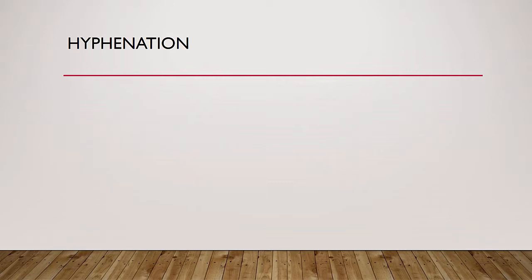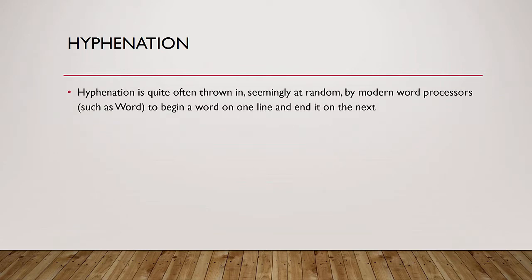spaces disappear. First, hyphenation, I want to warn you about this. Hyphenation is quite often thrown in, seemingly at random, by modern word processors such as Word, to begin a word on one line and end it on the next. This is quite often used when doing full justification, and one of the reasons that I argue against doing full justification.